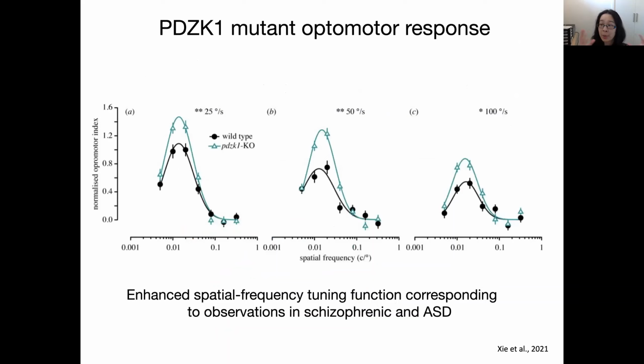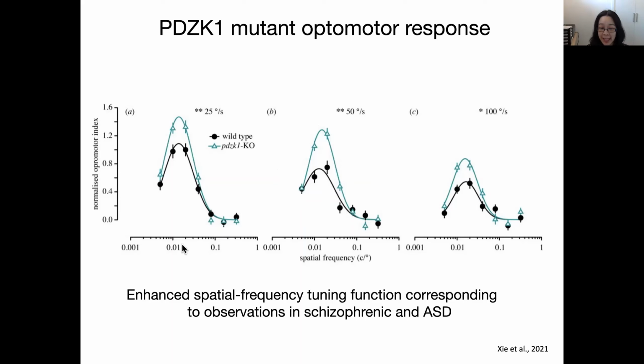In the Optomotor response, which mimics what he would have done with the human cohorts where he performs behavioral tests, we generated CRISPR mutants, and we could see that the PDZK1 knockouts actually performed better. This is exactly what he saw in his human patients, that it's a SNP that changes an A to a G. In one of the cohorts, depending which one you use as your control, you get a change in contrast sensitivity.